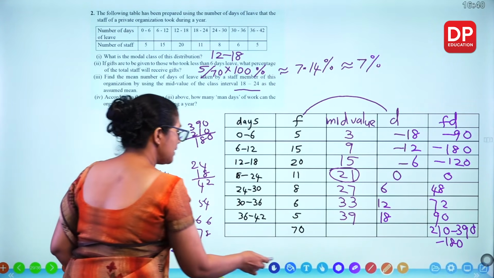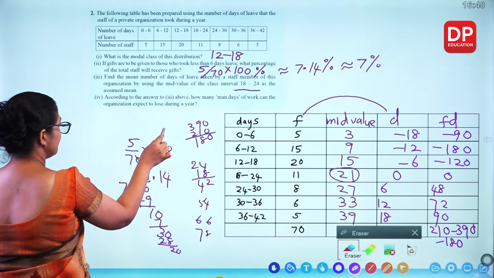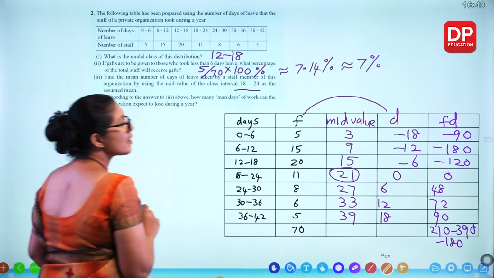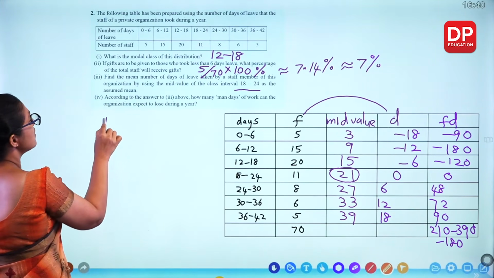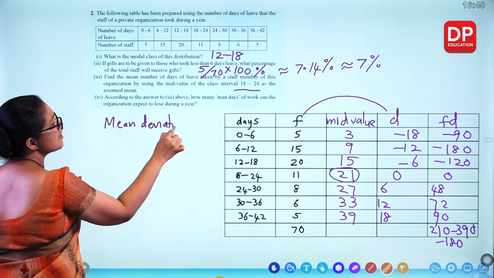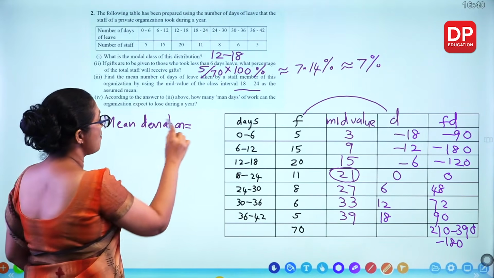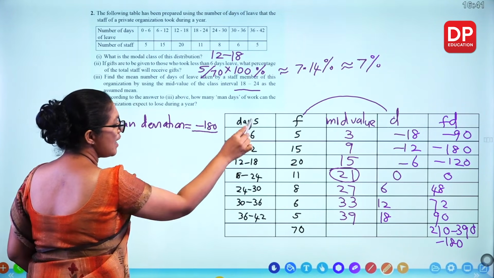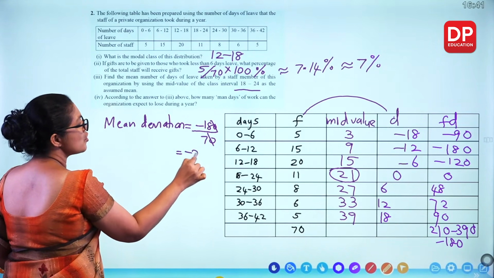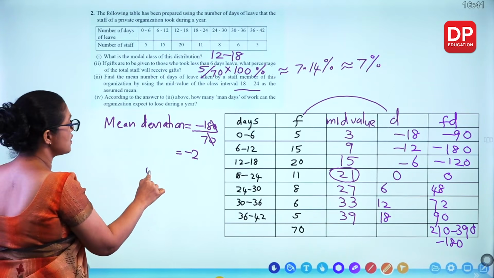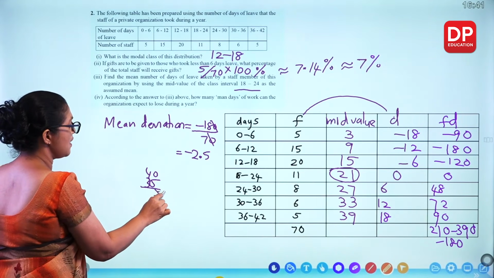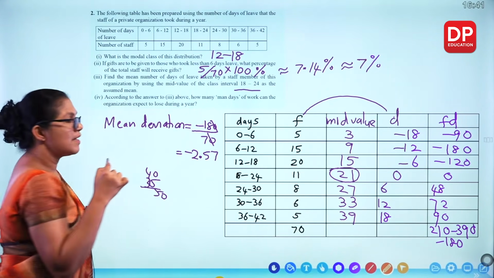Now calculate the mean deviation. Mean deviation is minus 180 divided by the total number 70. So you get roughly minus 2.57.